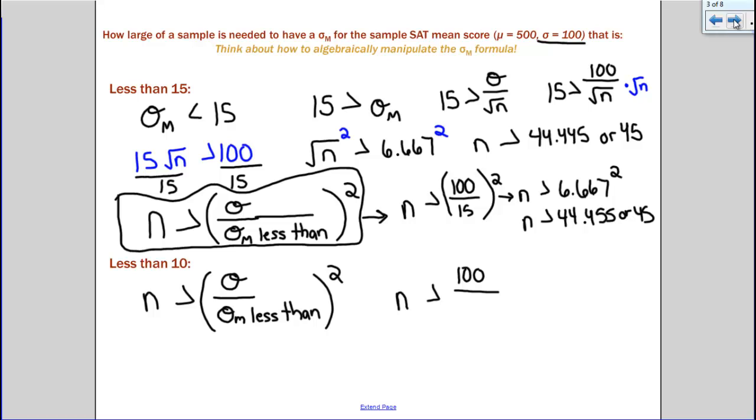But now we want our standard error to be less than 10. So this becomes n is greater than, 100 divided by 10 is 10. 10 squared, n needs to be greater than 100 to have a standard error less than 10.